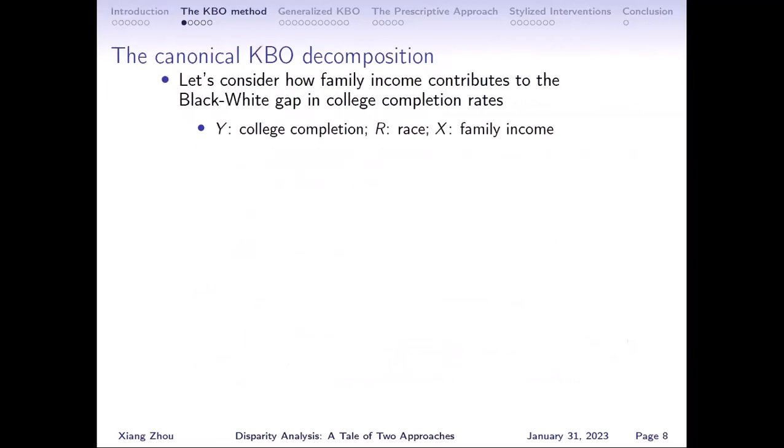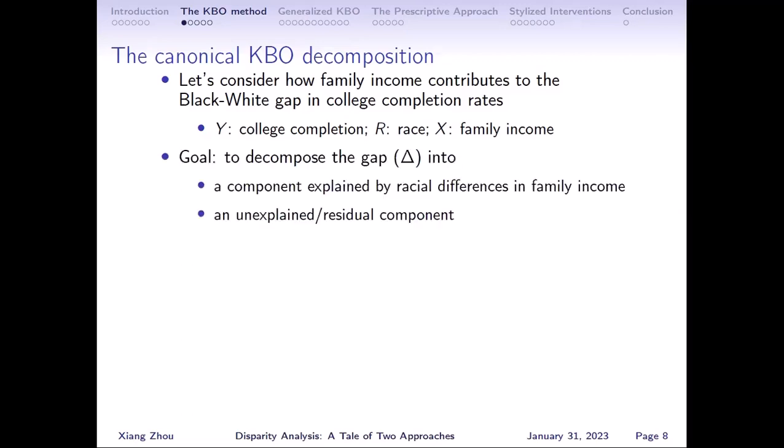So having this example in mind, let's first review the canonical KBO decomposition. Specifically, let's consider how family income as an explanatory variable contributes to the black-white gap in college completion rate. So here we just use Y for college completion, R for race, and X for family income. The goal, as we noted earlier, is to decompose the overall gap, which we denote by delta, into two components: a component explained by racial differences in family income, and the unexplained or residual component.